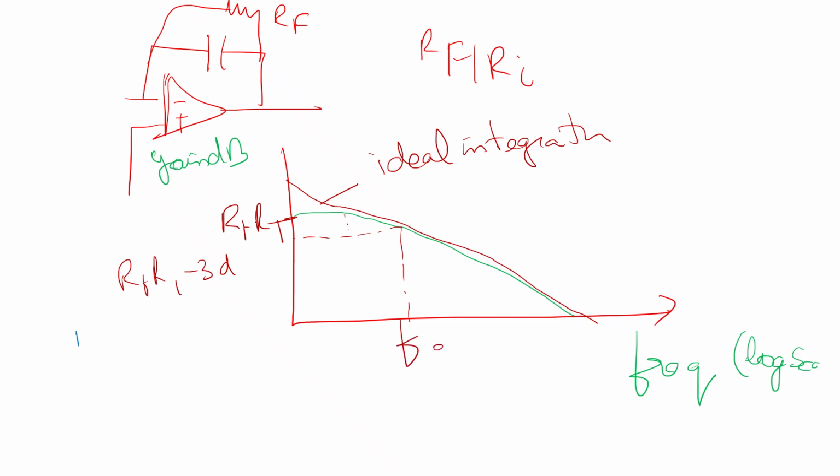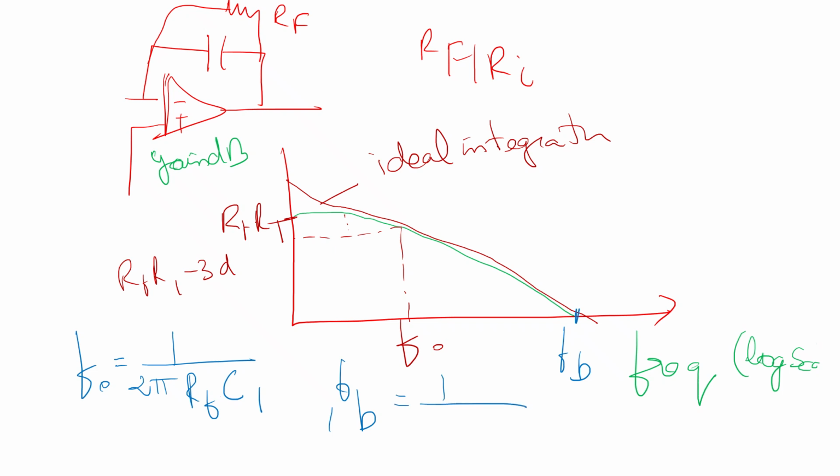So fa is equal to 1 by 2 pi RF into C1, and this frequency is a maximum frequency. fb is equal to 1 by 2 pi R1 C1, where the gain's value is the modulus of V0 by Vi.